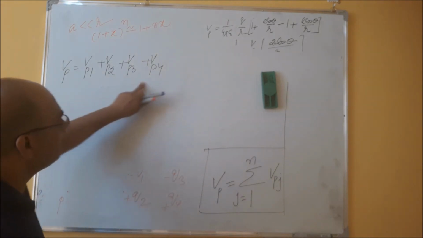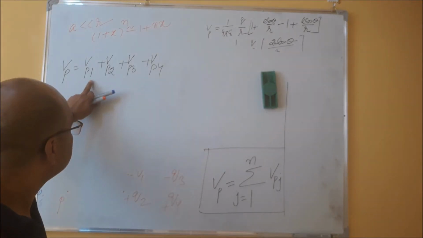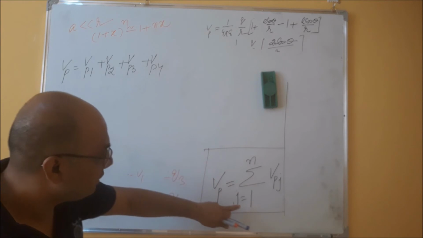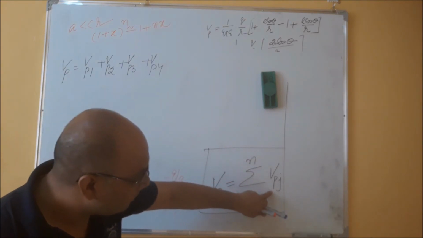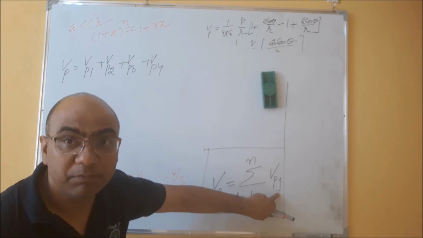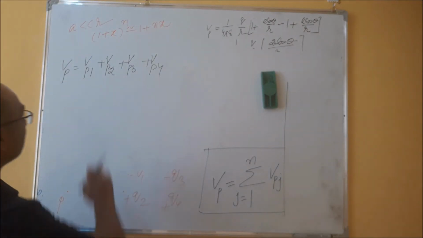If I write this in this form, J is 1, 2, 3, 4, so J will go from 1 to 4: Vp1, Vp2, Vp3, Vp4.